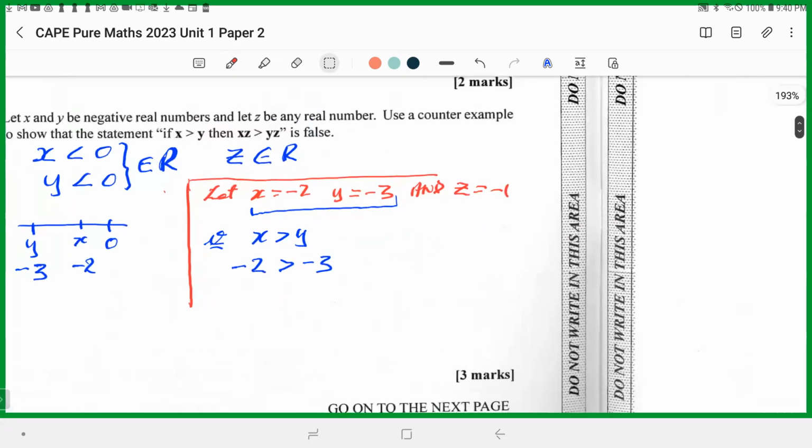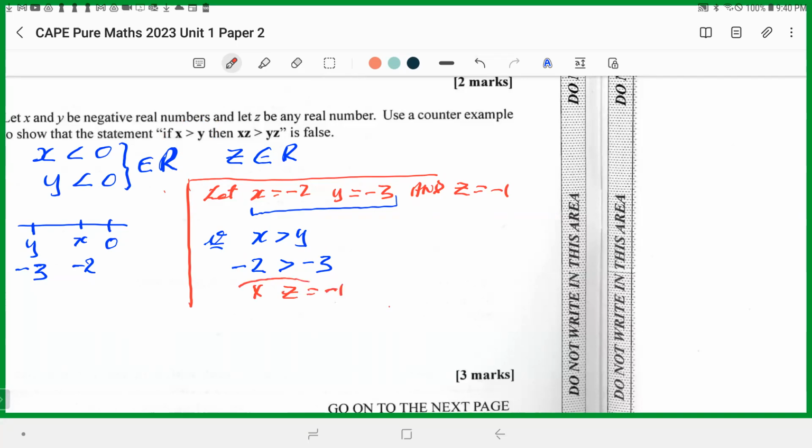So what I'm going to do now with this inequality, with this condition that told me right here, is multiply it by z, which is -1.